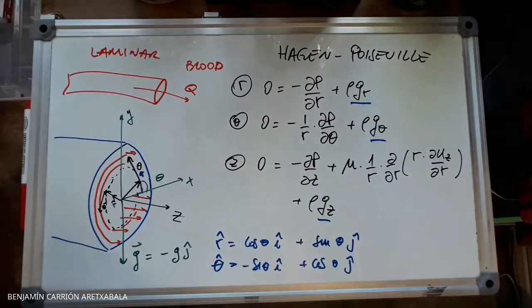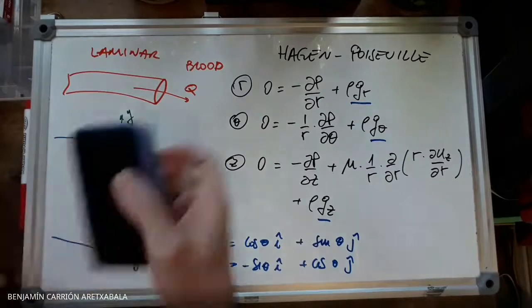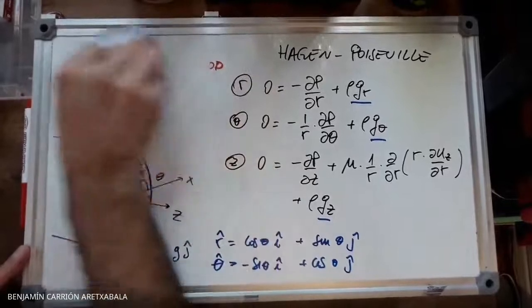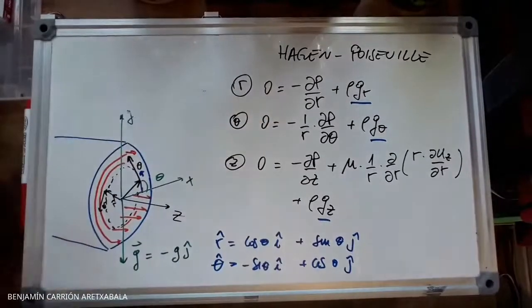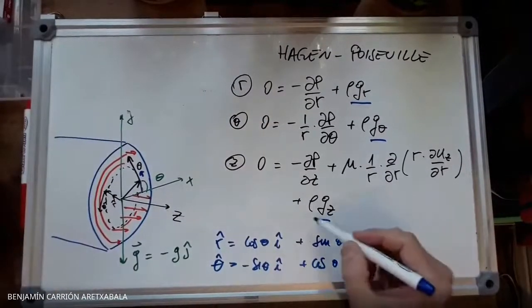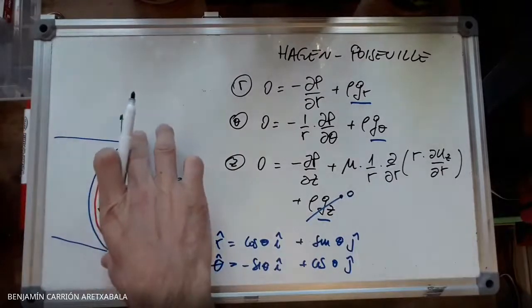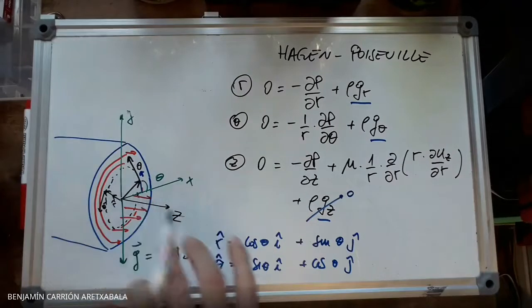Now, I'm going to delete here just to have a little space. You should be able to see right away that gz has to be 0 if this vein is horizontal.